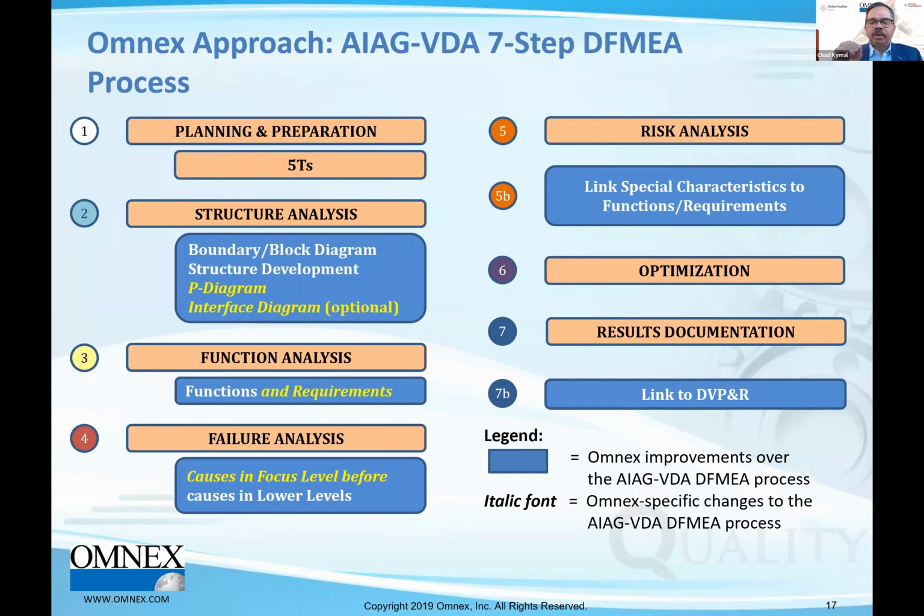All right, I don't have time to talk about it here. And then how do you link your DFMEA detection methods, your corrective, your detection methods, how do you link it to your test plan? That's a DVPNR. All right. Something we call this the Omnex approach, a little twist that we do with the understanding we have in terms of how to implement DFMEAs.